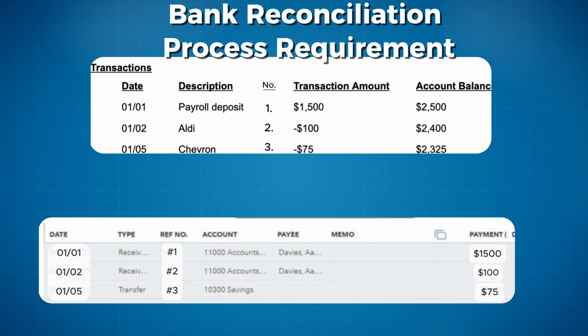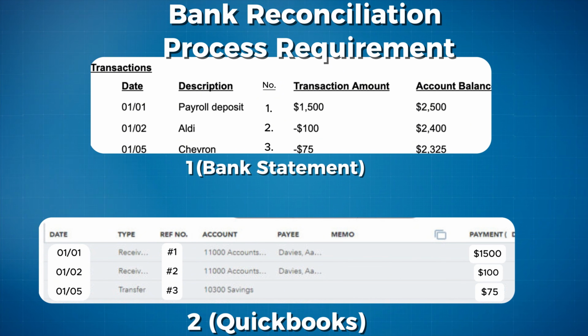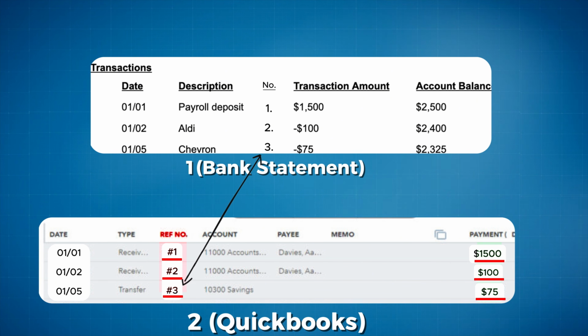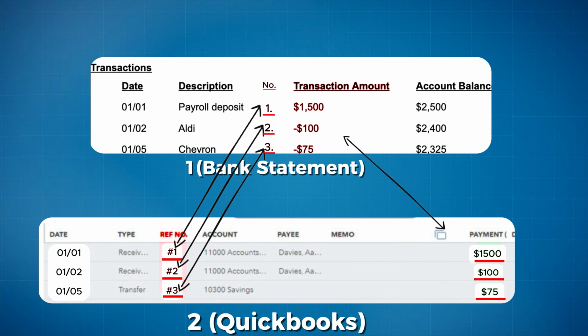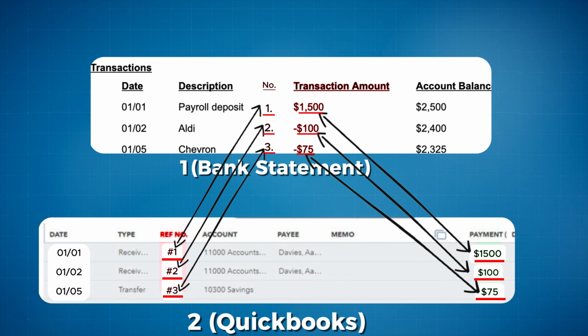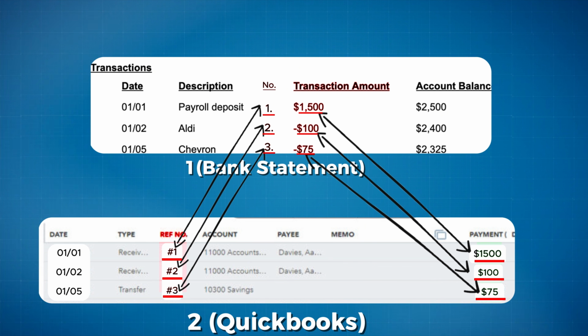You see, the bank reconciliation process only requires that you compare the transaction number and money amount of the transaction in your QuickBooks to the transaction number and money amount of the very same transaction listed on the bank or credit card statement. That's all you're doing when you're comparing numbers and doing the bank reconciliation.